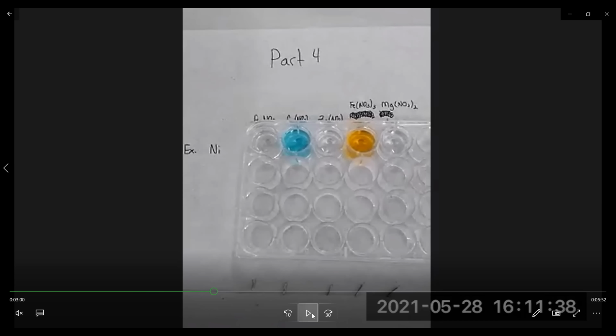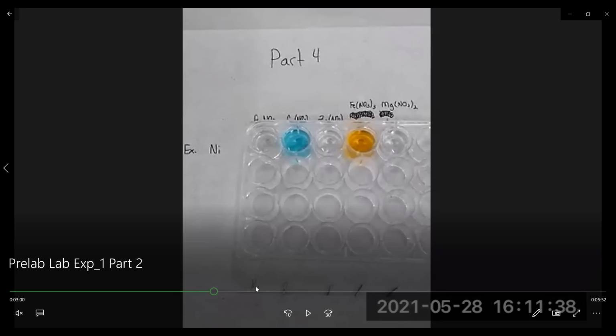And so for this example, I'm just going to show you nickel because we don't want to use a metal that is what you're going to be using in lab. So down at the bottom, we have small pieces of nickel that we're going to add to the different solutions.